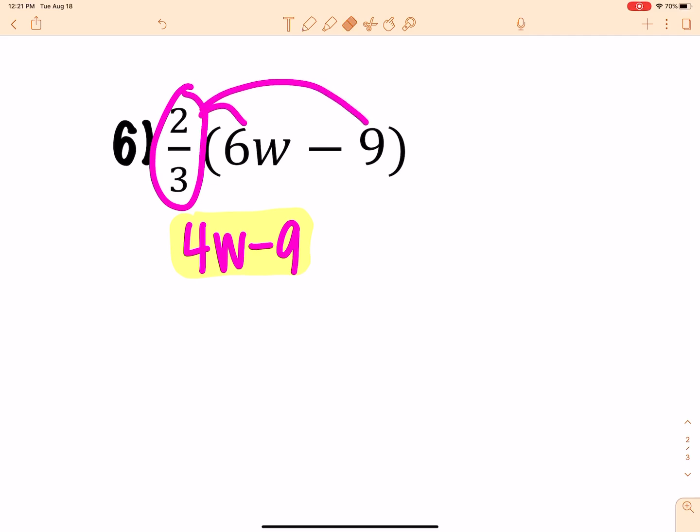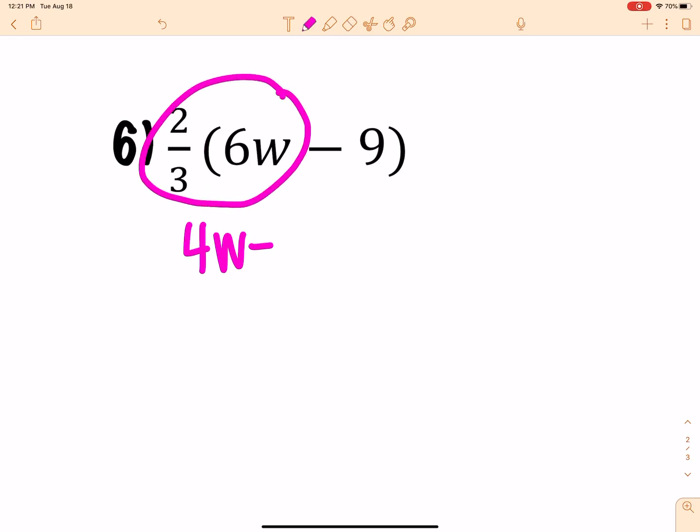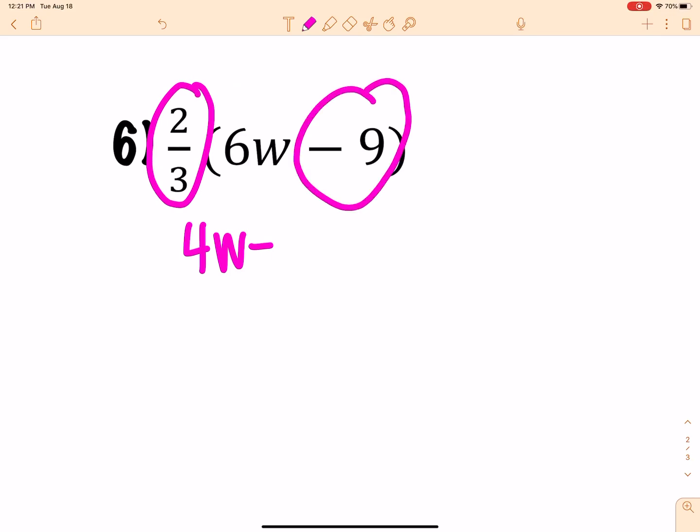I actually have the back part wrong, because I made a careless error that some people make, which is that they forget about that back number. So the 2/3 times the 6, if you do this, you're going to get 4w like I did below. Then you also have to do 2/3 times -9. So 3 goes into -9 -3 times, and 2 times -3 is -6. So this should be -6 on the end of this problem.